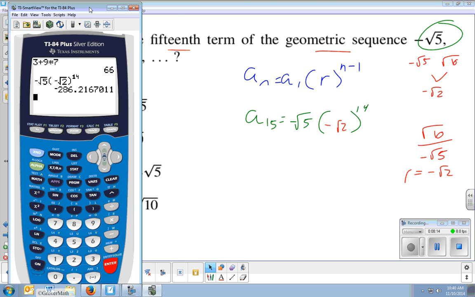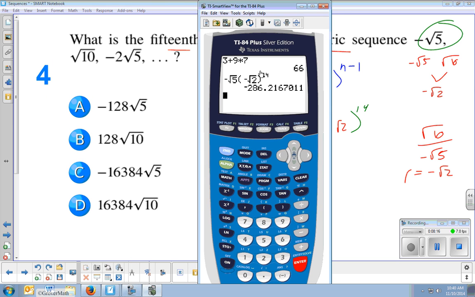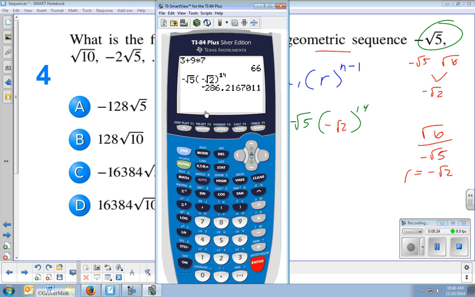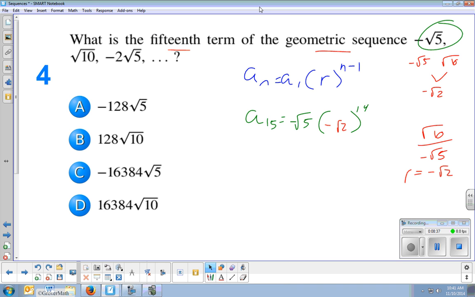Okay, so negative 286.21, so on, so on, so on. Probably going to be this one, but you could type these in and evaluate them. Let's see, what is the negative 128 rad 5? What's that? And it works out that that does match, so that is definitely my answer.